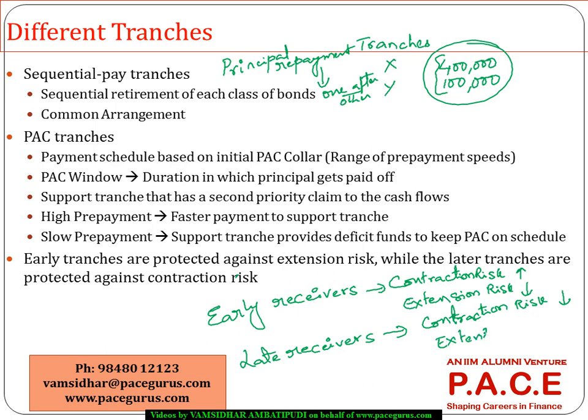But they are more and more exposed to extension risk, because if the interest rates are increasing, prepayments can come down, they are not receiving the principal portion now, so they lose out on the opportunity to reinvest higher amounts at a higher interest rate. So that is the prime reason they are exposed more and more to the extension risk, but they are protected more against the contraction risk.